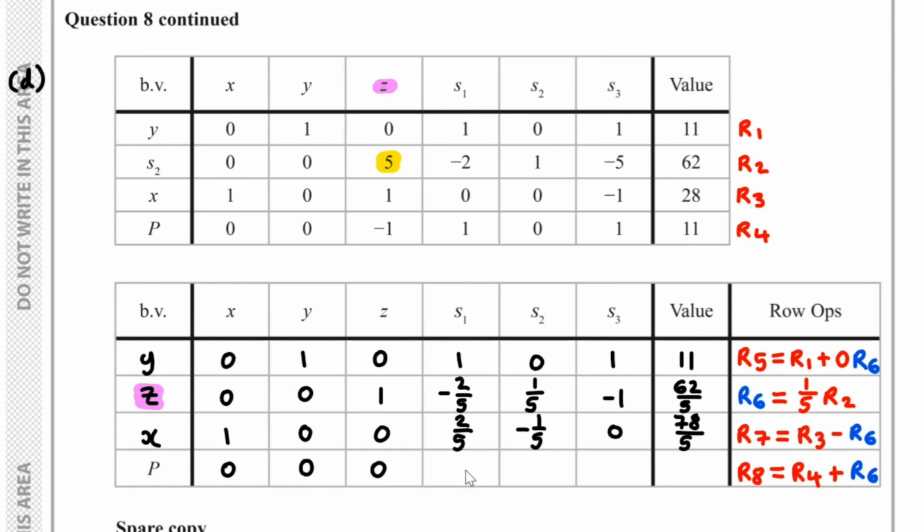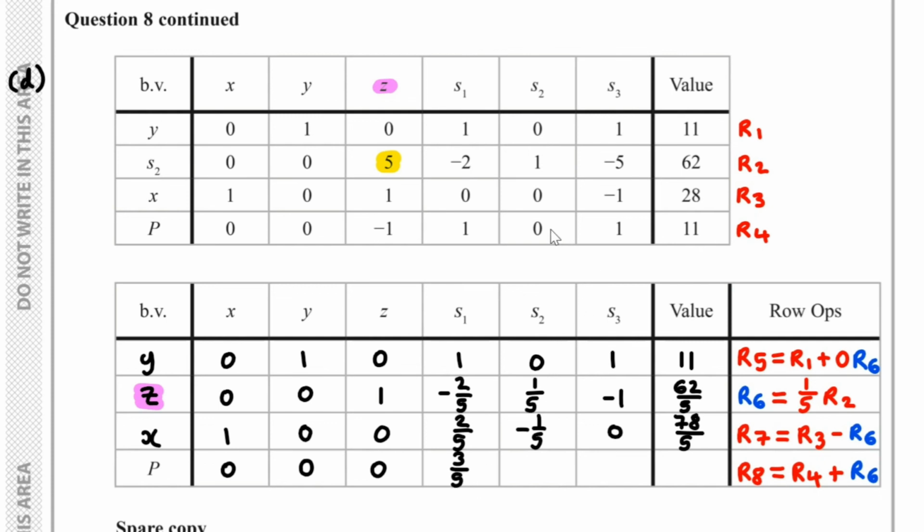And then here, let's double check this one. I've got minus 1 plus 1, which is 0. And then I've got 1 take away 2/5, which is 3/5.